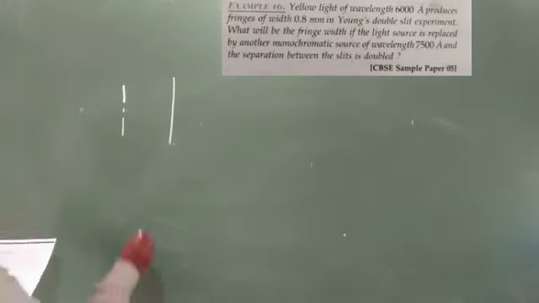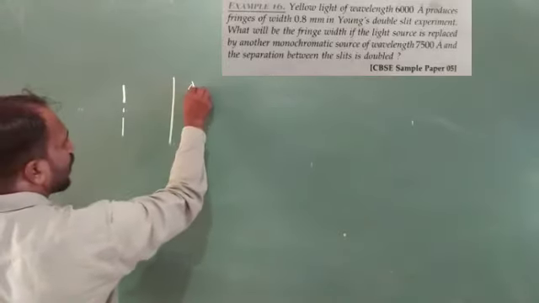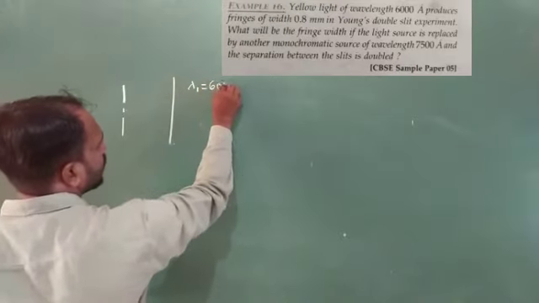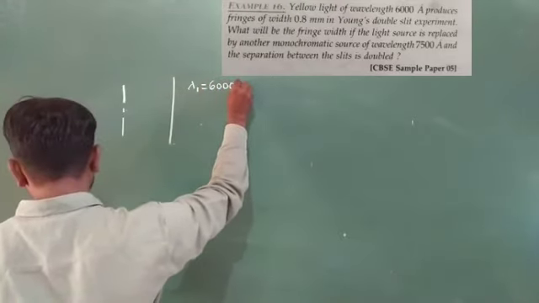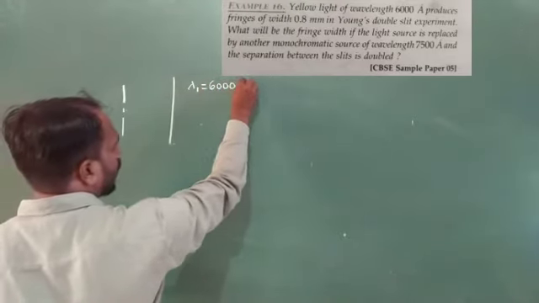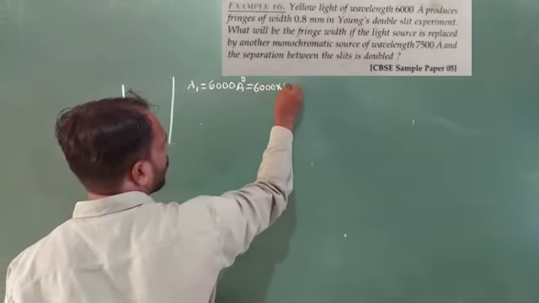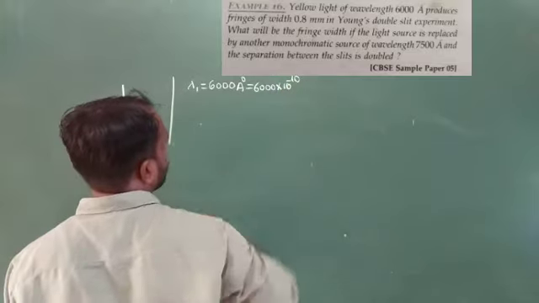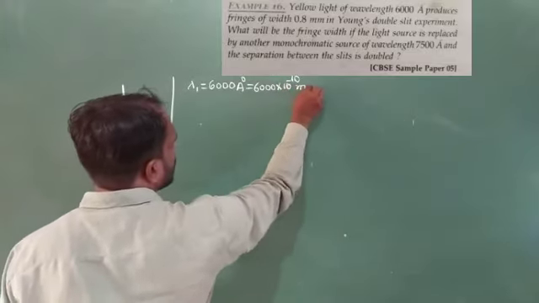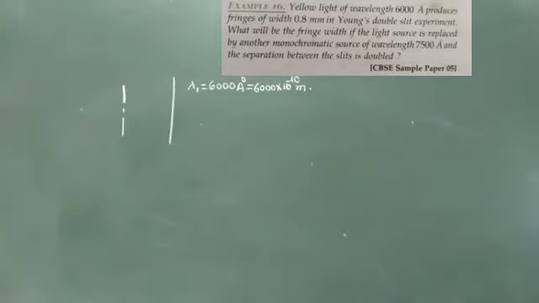when we use the light ray, so yellow light with wavelength 6000 angstrom, it means 6000 into 10 power minus 10 meter.